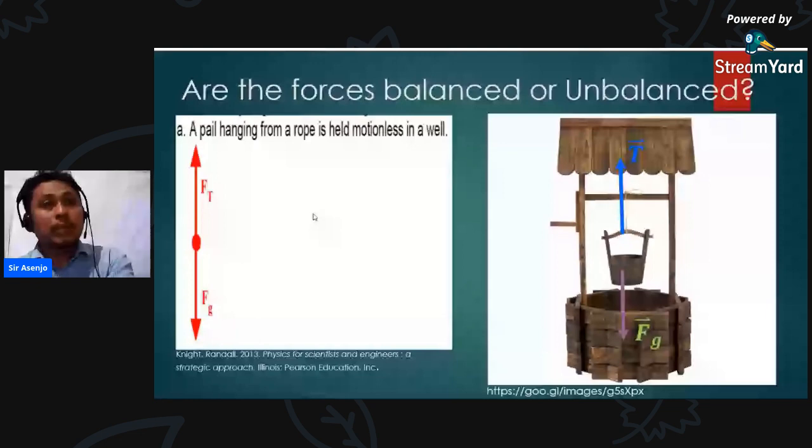How about this one: a pail hanging from a rope is lifted at a constant speed. This time it's moving, lifted up, but at a constant speed. Still, the force involved is balanced, because remember the term constant speed. Though it's moving, the speed is constant. That is why in our free body diagram, the tension force versus the gravitational force is equal in length.